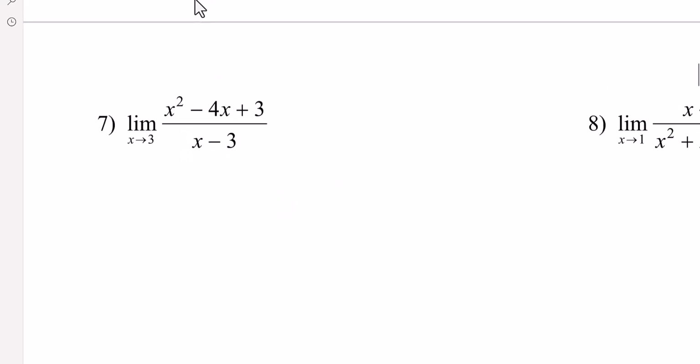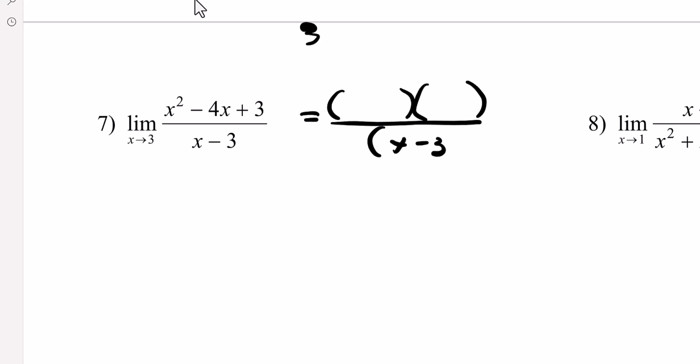Okay, these are not one-sided limits. I think I went over these. I'll go over it really quick. Quadratics, you're going to factor. Factors of 3 that add up to -4. Well, that would be -3, -1. Right? And then notice, those cancel.